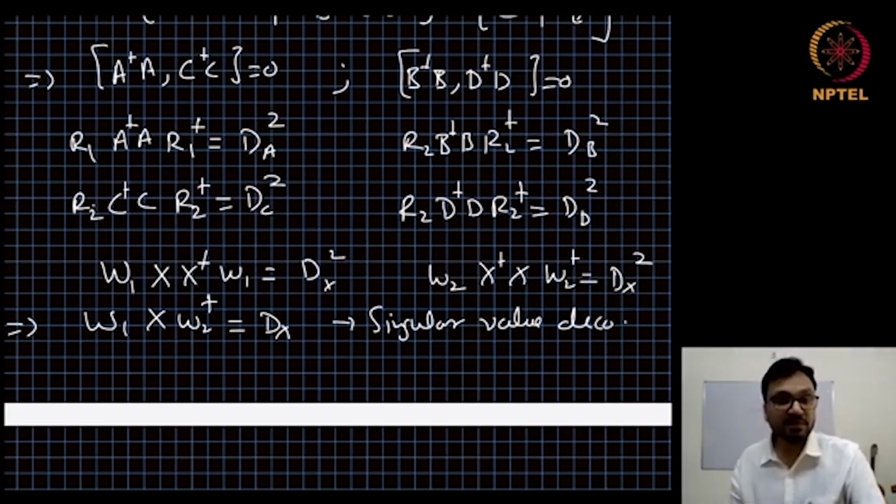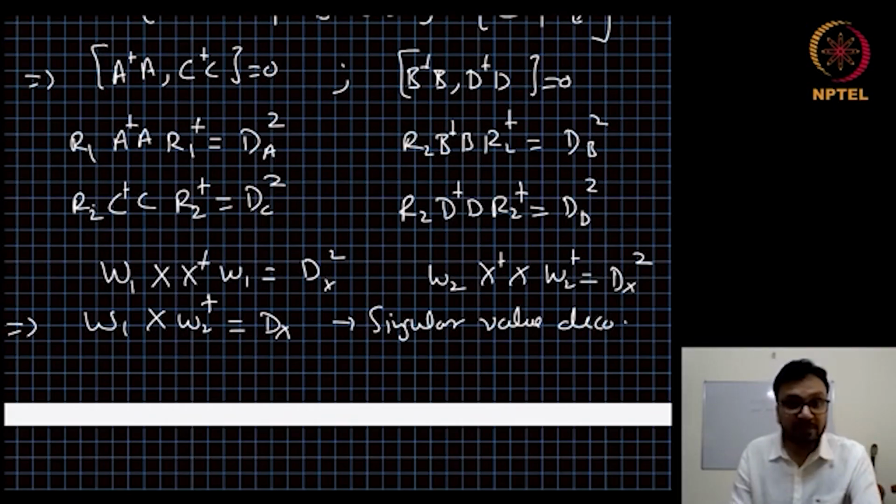One should read the proof of this. This is a very beautiful theorem. So if we have two unitary operators W1 and W2 which diagonalize X X dagger and X dagger X, then W1 and W2 are the left and right singular vectors of X, and we can diagonalize X in this fashion and get dX, which is the diagonal matrix of singular values. And this theorem holds for any dimension of X. X need not be a square matrix, it can be a rectangular matrix, it can be anything.